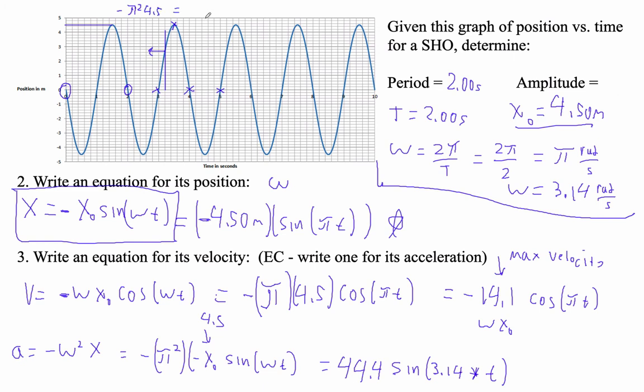Let's try that. Well, it's 44.4, right? Okay, so let's just try it. Let's go that number times sine pi times 3.5. You ready for this? Ho ho! I get opposite of 44.4, so this seems to work as well, okay?